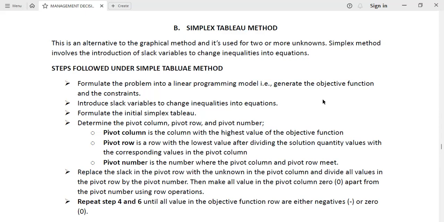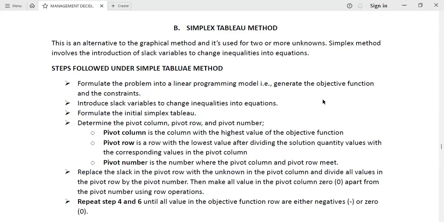Most of the time the examiner will specify whether you are going to use the graphical or the simplex method, because the two methods are applicable for two unknowns.